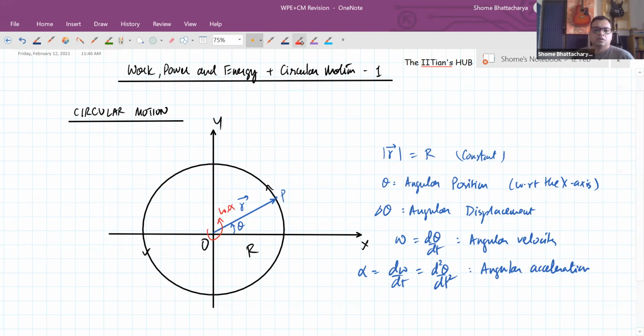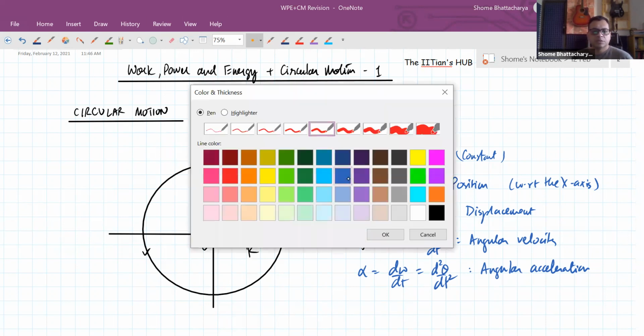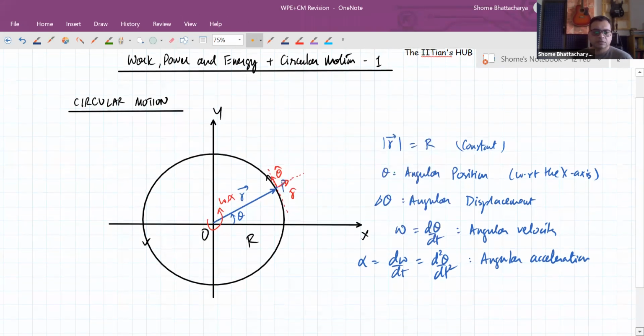Okay. Now further on, we define the unit vector along the radial direction as our radial unit vector, generally denoted with r cap, and the unit vector along the tangential axis as our tangential unit vector, theta cap. Okay, so the two important unit vectors in our vector notation become the radial and tangential unit vector.